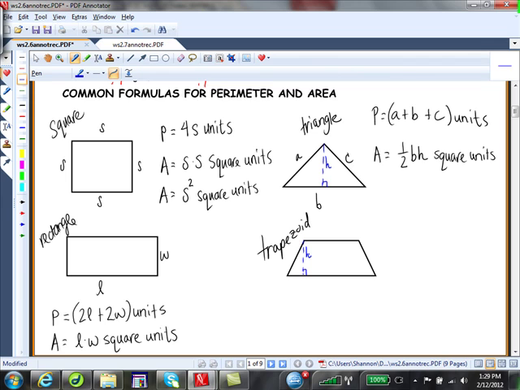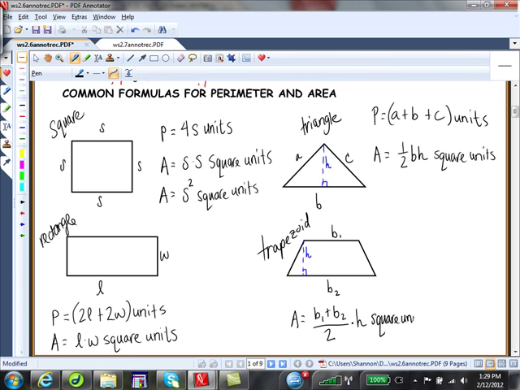And if this guy here is called base 1, and this here is base 2, then the area is the average of the bases. So that would be base 1 plus base 2 divided by 2, times the height. And that's in square units.